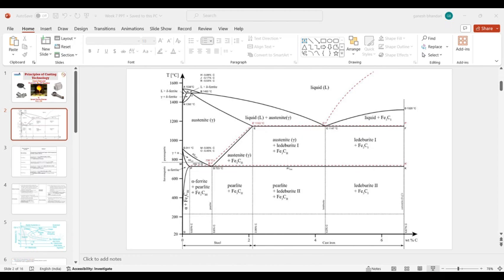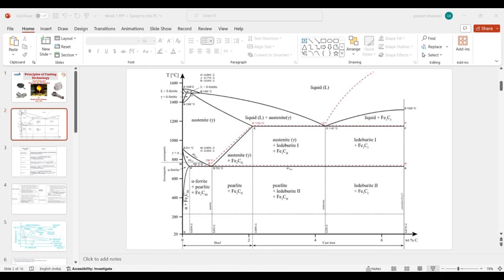So we have to convert this whole phase into the austenite phase. Generally we go around 30 to 50 degrees Celsius higher than your critical temperature. If the critical temperature is 911 degrees Celsius, then we will go with a temperature of around 940 or 950 degrees Celsius for the heat treatment process. We convert that whole alpha ferrite plus pearlite phase into the austenite phase, and then we quench it.